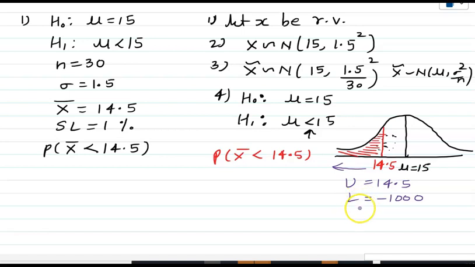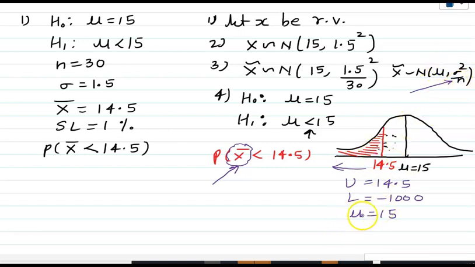Now mu is 15. Now sigma: which mean are we dealing with here? It is x bar, that is the sample mean. For the sample mean, the variance is sigma squared divided by n. This is very important.